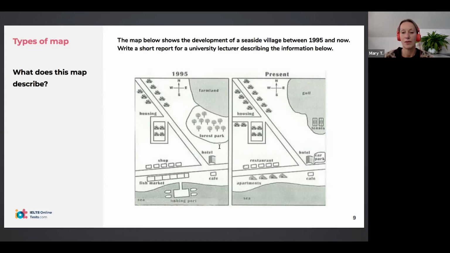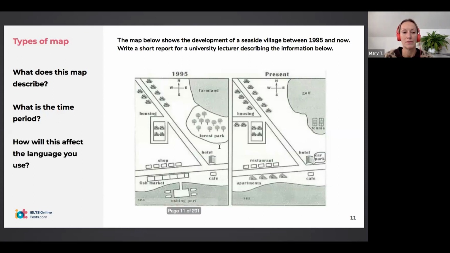Yes, good. So you kind of got that. What's the time period? Okay, this is really important. So just look at the time. So yeah, the 2 years, 1995 and present. So it's past and present. So that's going to have an impact on the tenses that you choose to use here.